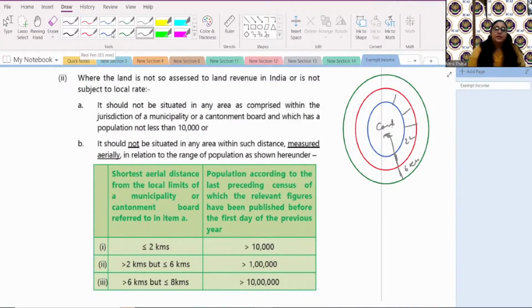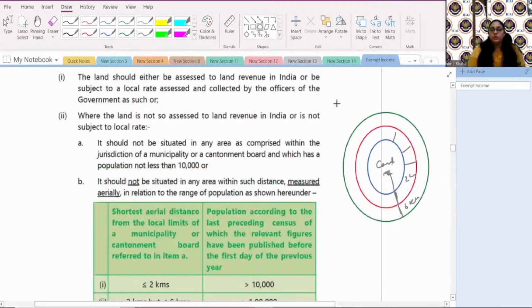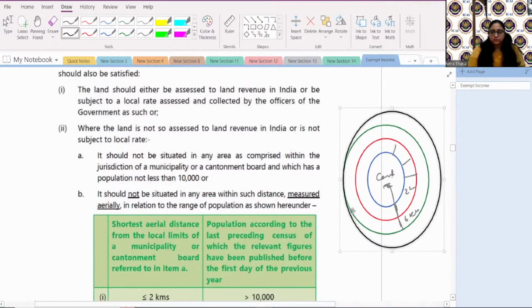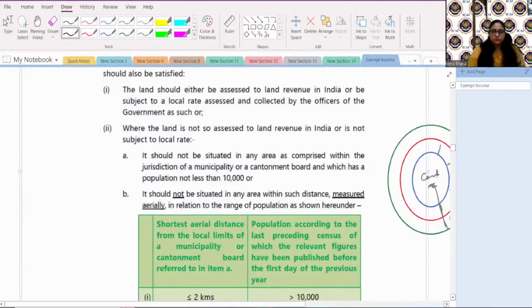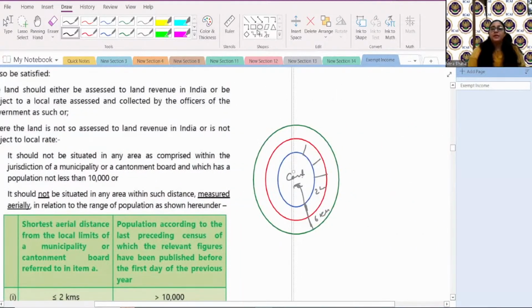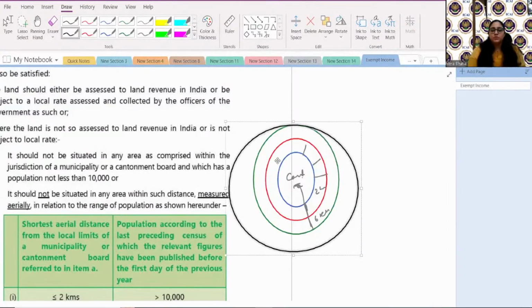Now, if the population of the cantonment area is more than 10 lakh, then there will be a slight difference here too.